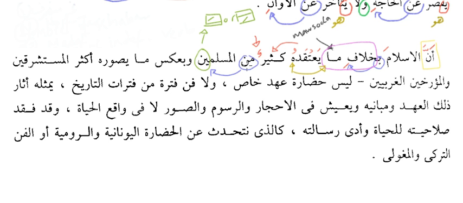So min, normally it would give a kasra to the end of a word, but this is such a word that you don't find a kasra on there, or the state is not represented by the kasra, it's represented by ya nun. Okay, and this is something that you have to remember, this is the rule of the jama mudhakkar salim. So min al-muslimina.